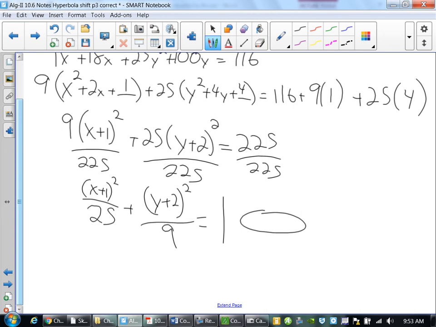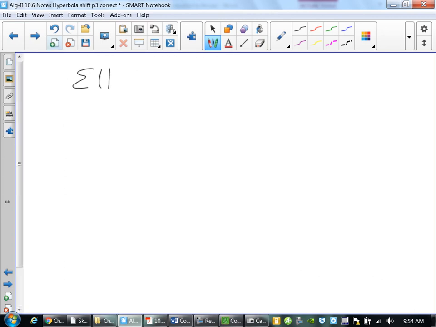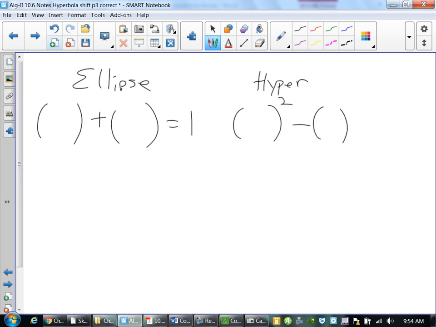For an ellipse, you have the plus sign between the squares, and the hyperbola had the minus sign between the squares equaling 1. So this was a squared minus b squared is c squared. This is a squared plus b squared equals c squared. I was just trying to relate it to the differences in the signs.